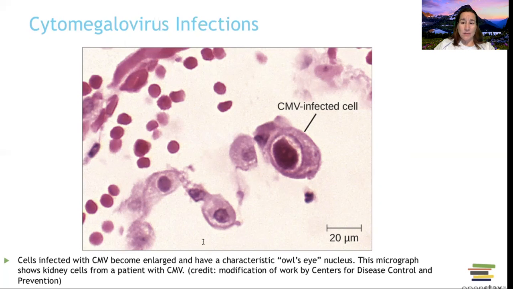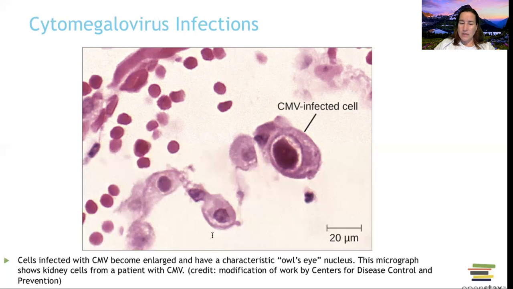Transmission for this one is similar to Epstein-Barr. It's going to be bodily fluids, anything associated with bodily fluids, blood transfusions, organ donations. I think it said somewhere in the textbook that almost everyone receiving a kidney is going to be exposed to this if they weren't already.